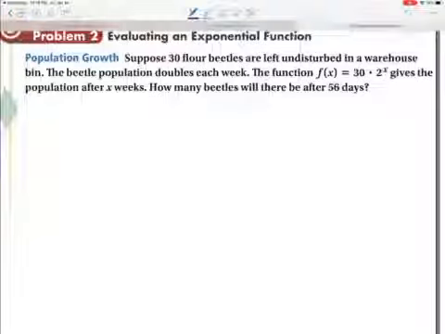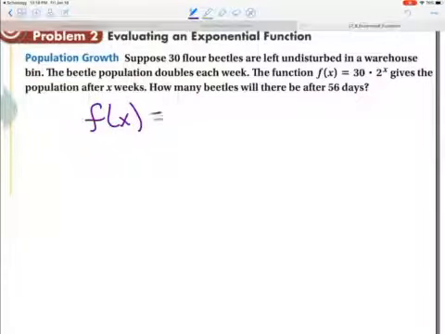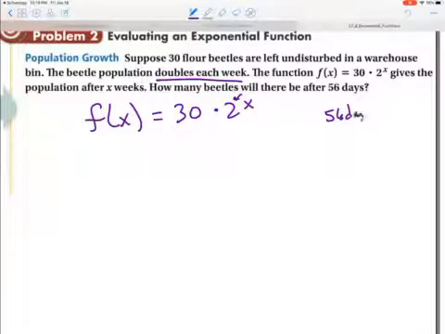30 flower beetles undisturbed with this function. It's doubling each week. I can see that my growth factor is 2. How many will there be after 56 days?